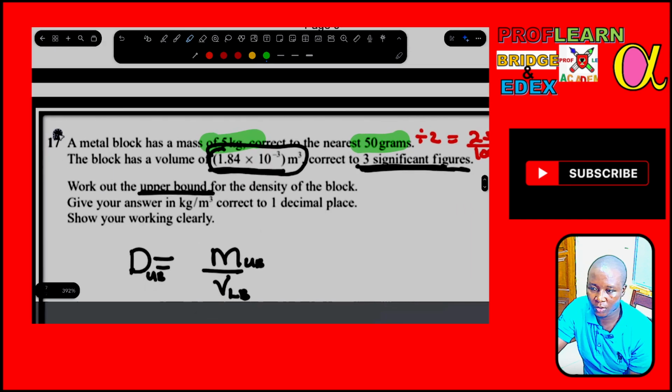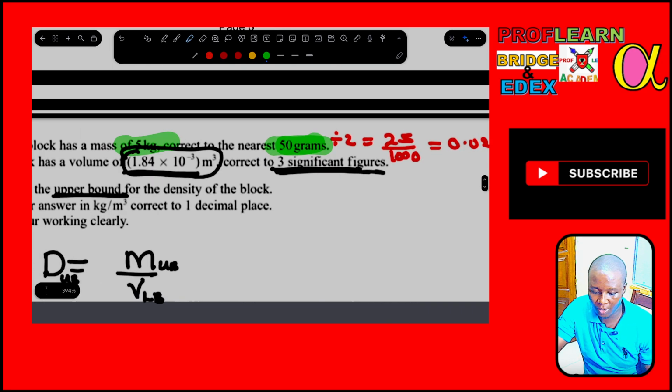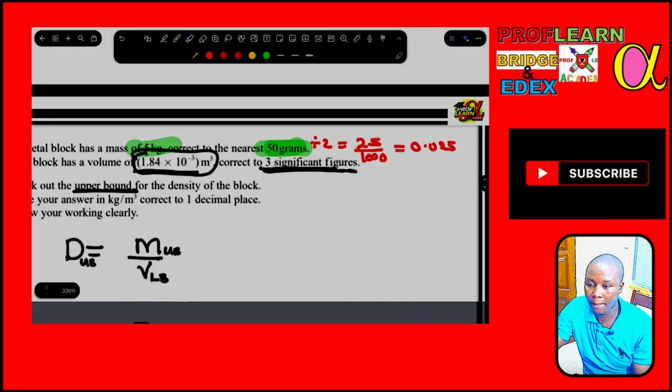So for you to check what you need to add or subtract at this level, you are going to say plus or minus 25 grams, so that we can know the upper and the lower bound.